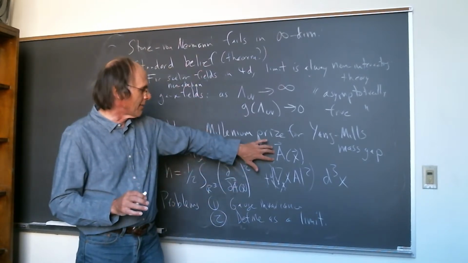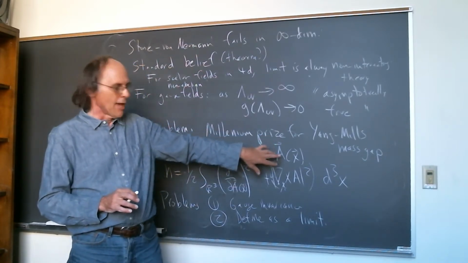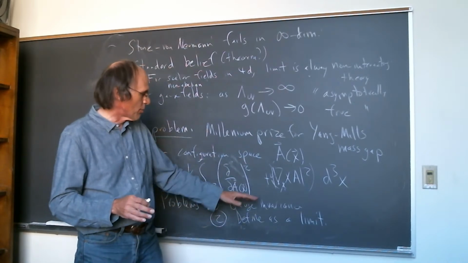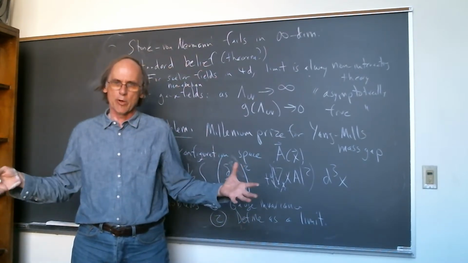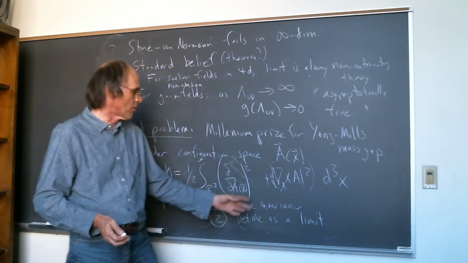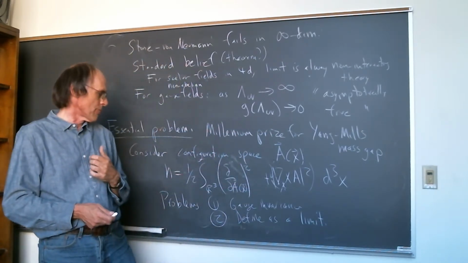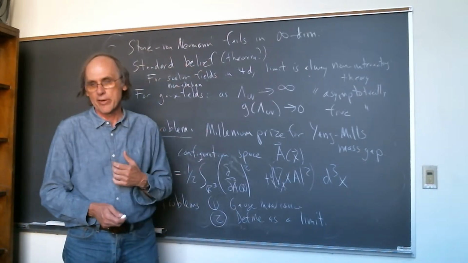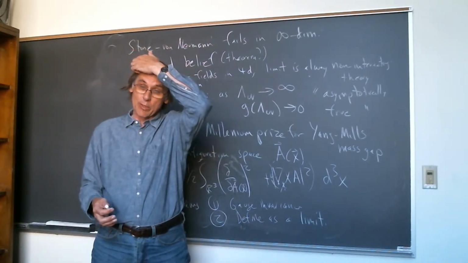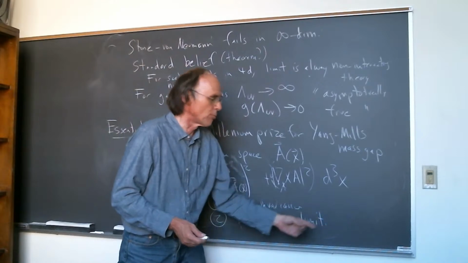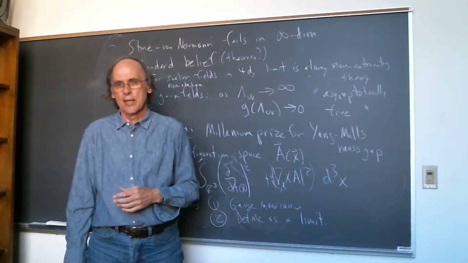You have to make sense of the appropriate notion of inner product on this space, so you're going to have to put in cutoffs, define the theory with cutoffs, and then get something sensible in the limit. Our belief is that you actually can do that, and we have plenty of numerical evidence for it, but we don't have any mathematical proof that the limit really exists with the properties you want.